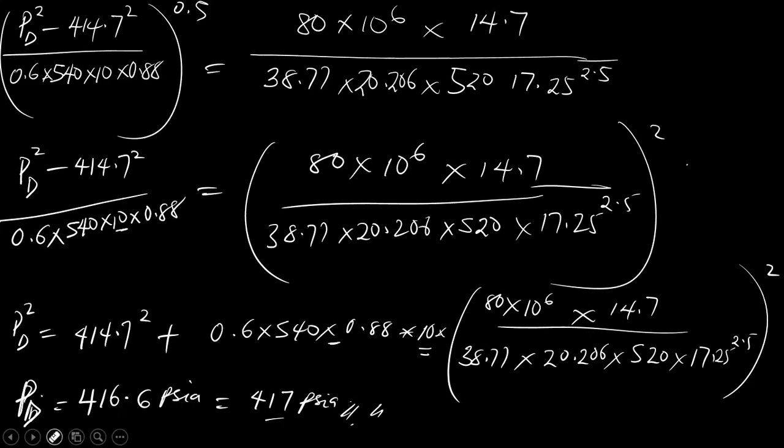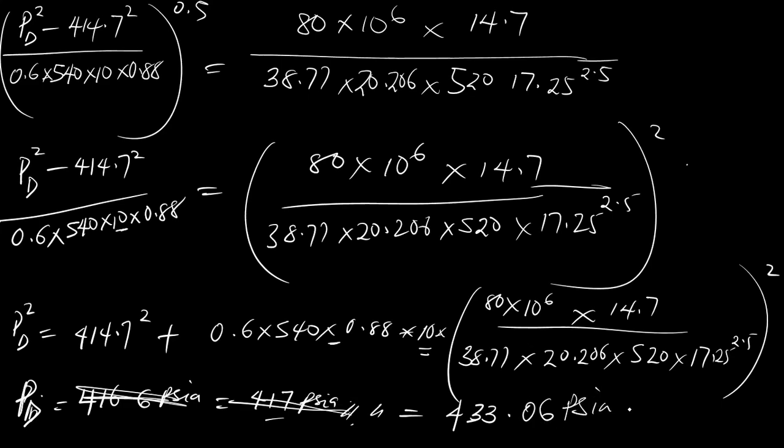Now the answer for PD is 433.06 psia, which is the same thing as, so if we subtract 14.7 from this, we have 418.35 psig.